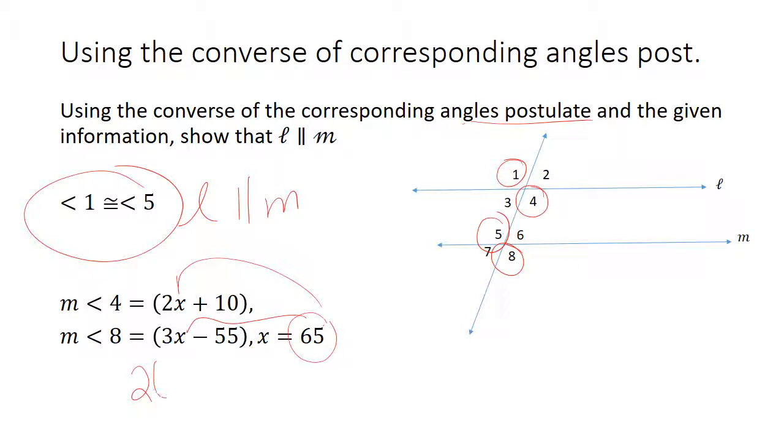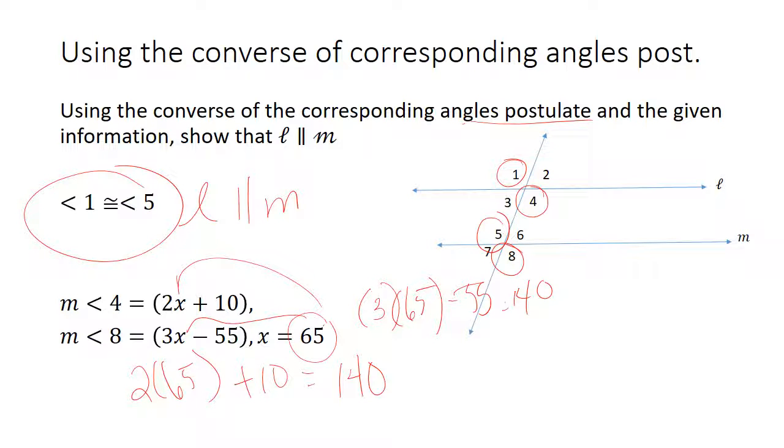I'm going to do 2 times 65 plus 10, which is 140, and then 3 times 65 minus 55, which is 140. So from there we can say that angle 4 is congruent to angle 8 because the measure of angle 4 is equal to the measure of angle 8.